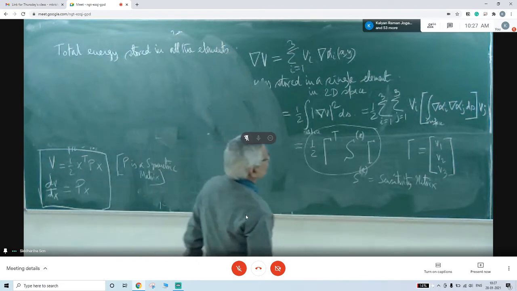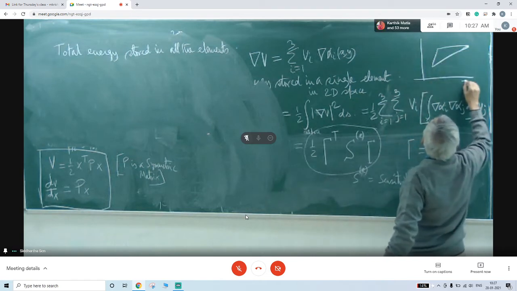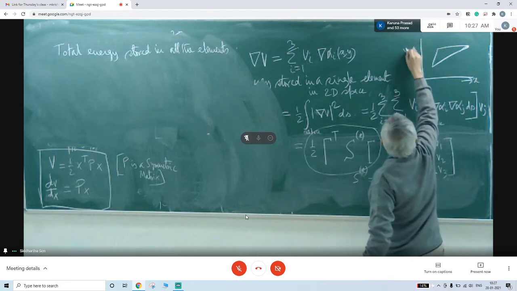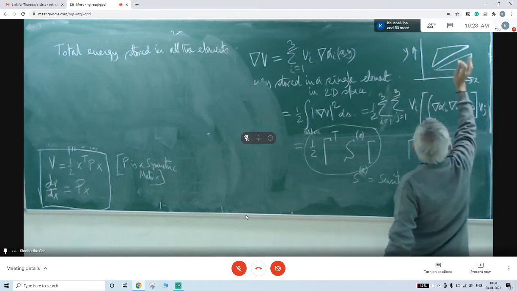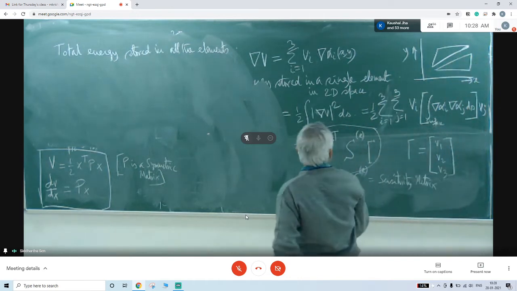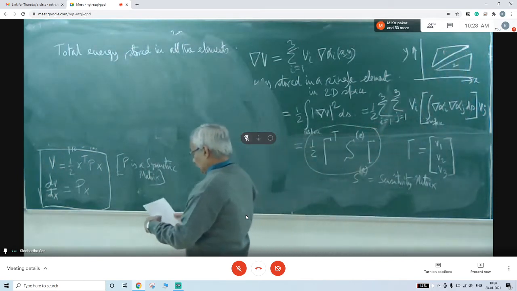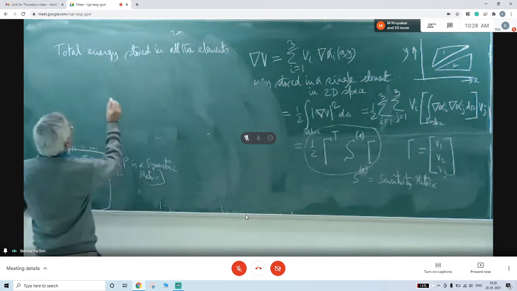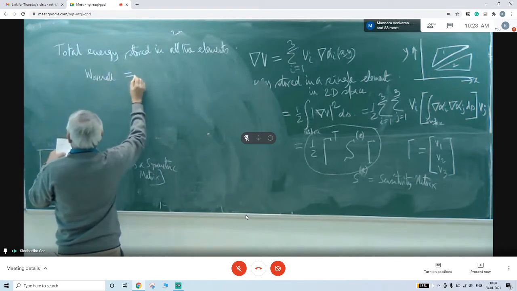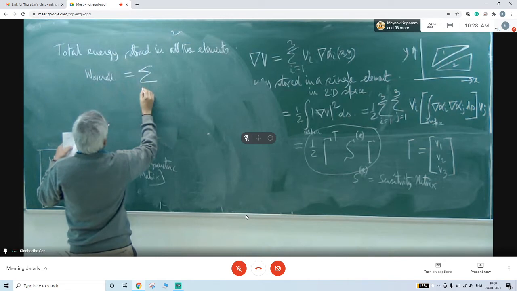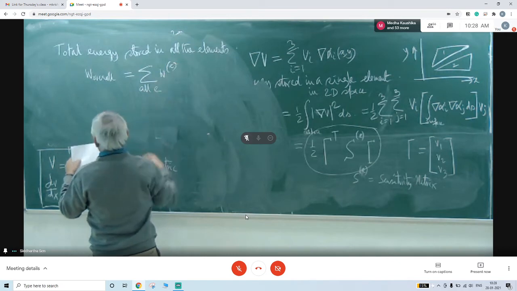So we thought okay, it is one single element there. And there are so many other elements also. So go on like this, there another one, this is one, this is two, and there were many other elements also. So W, what I call overall, is equal to sigma of for all elements W of E there.